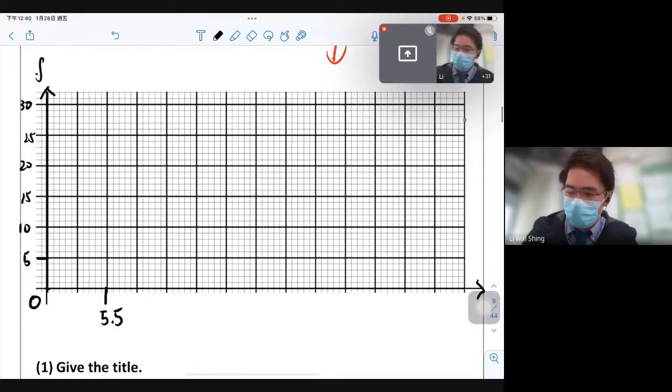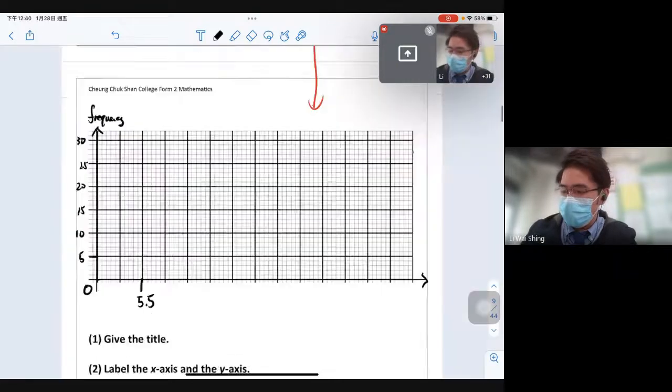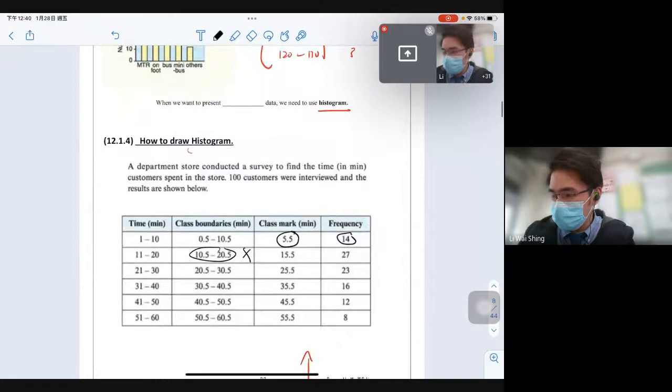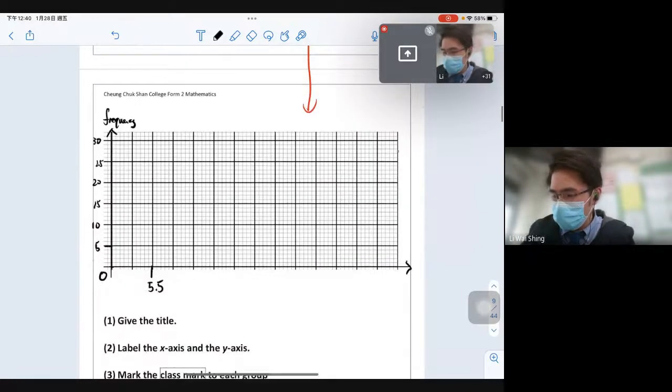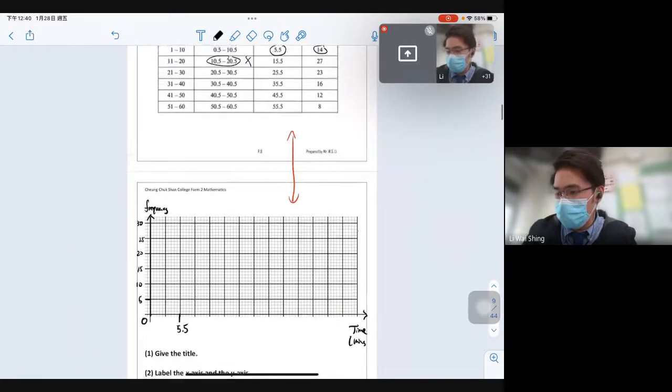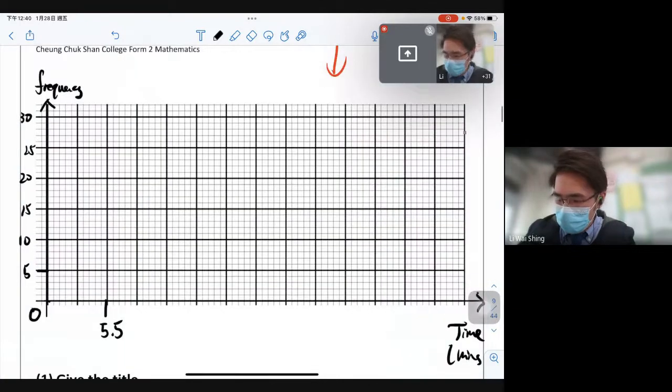This is my frequency. And the x-axis is the time spent in a store, in minutes. So mark all the class marks there: 5.5, 15.5, 25.5, and so on.